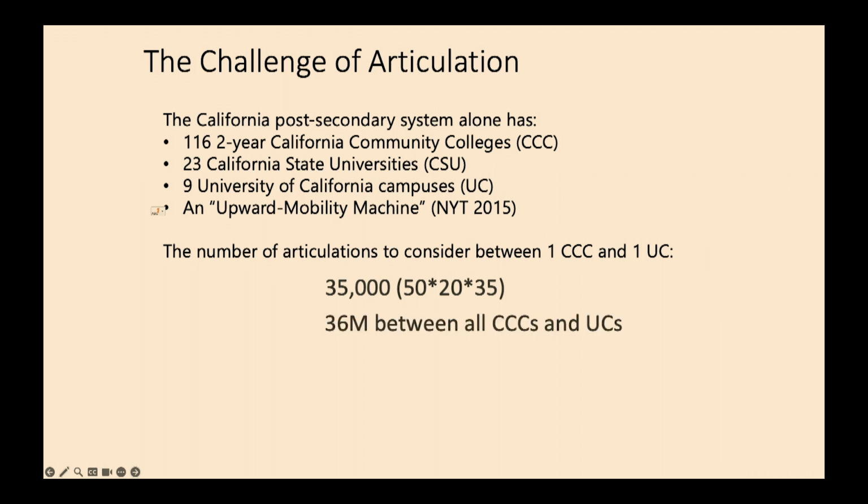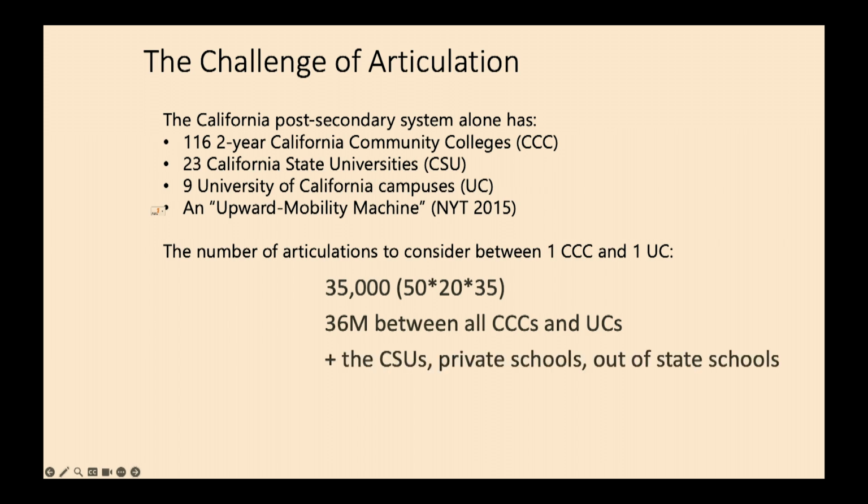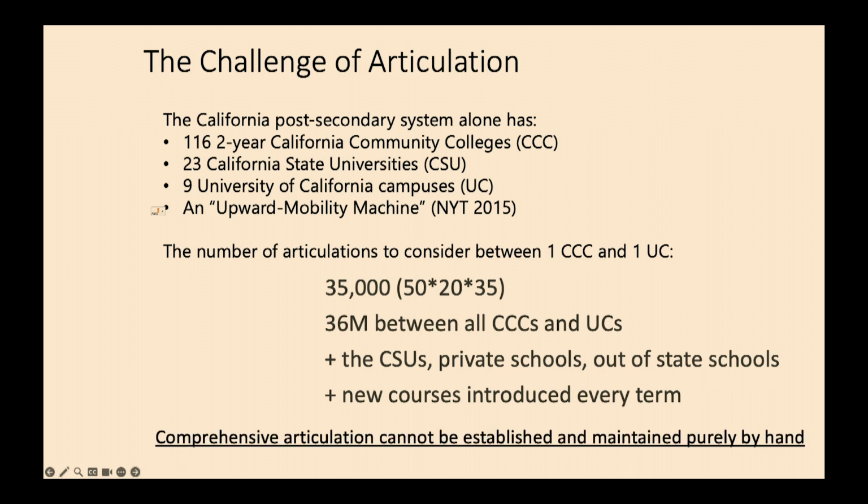It's 36 million between all community colleges and UCs, and then plus the CSUs, plus private schools, plus out-of-state schools and out-of-state systems. Forget about it at that point. And new courses get introduced every semester. Data science, right? Is it going to take a whole legislative effort and 5 years to do program alignment? I think it doesn't have to.